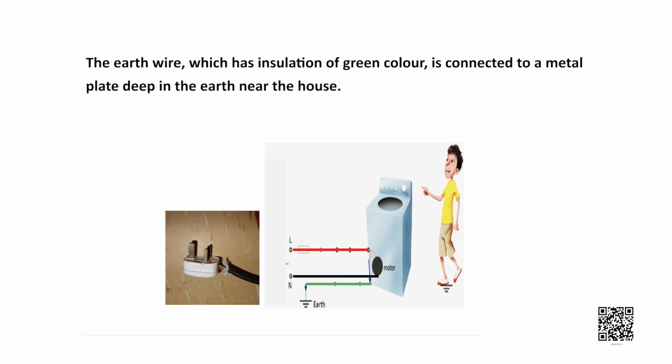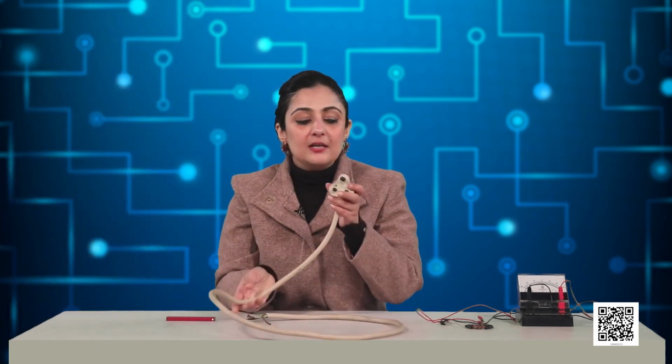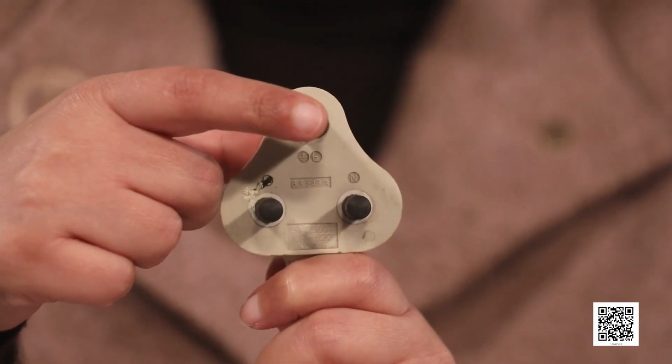The earth wire, which has an insulation of green color, is actually connected to a metallic plate which is buried deep inside the earth near the house. Let us observe a regular plug that you must have seen in your households. It's a 3-pin plug. This is connected to the earth wire.